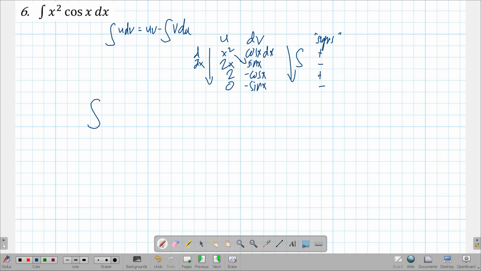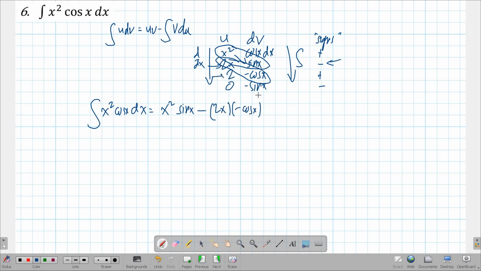So, the integral of x squared cosine x dx is actually equal to, this is our first term, x squared sine x. Then, since here it's negative, this is what we multiply, so that becomes minus 2x times negative cosine x.